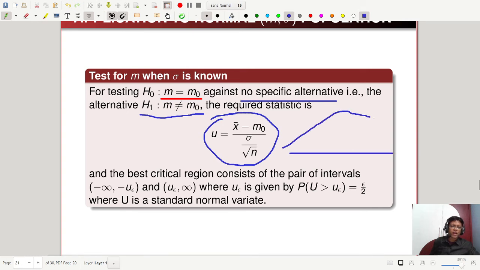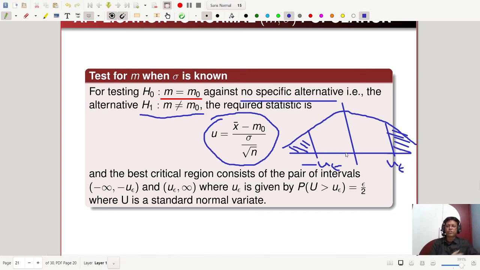So, the standard normal curve once again, and you have both sides. So this is called both tail test, and on both sides you have critical regions.